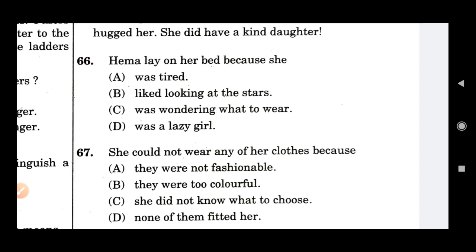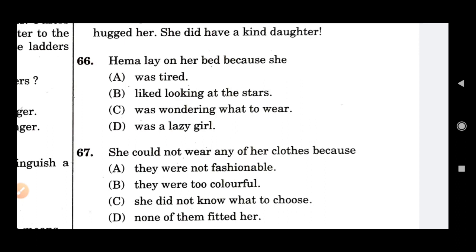We have four options. What are the options, friends? One is A, she was tight. She liked looking at the stars. She was wondering what to wear. She was a lazy girl. What is the answer, friends?